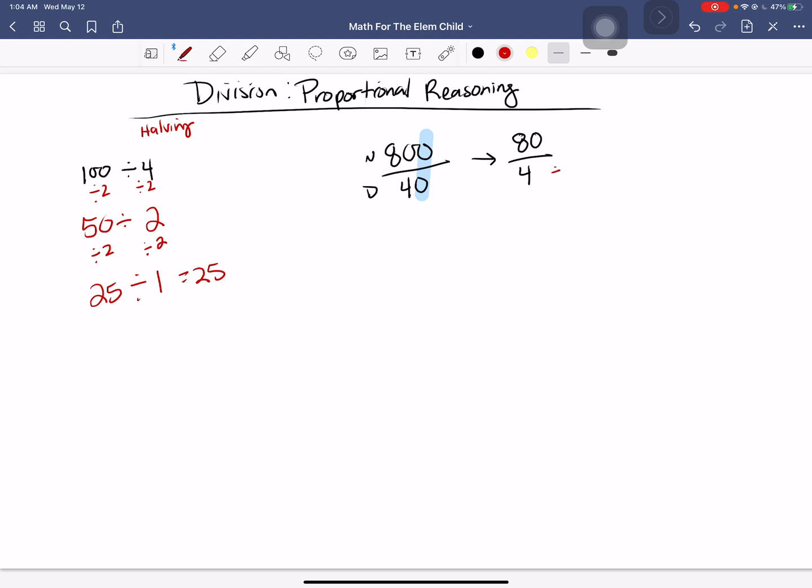Just off the bat, we know that 4 can be halved. Reduced by 2, it's a multiple of 2. So if we do 4 divided by 2, we get 2. And we have to keep it balanced, so we divide 80 by 2 as well, and we will get 40.